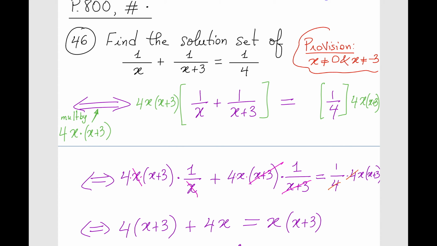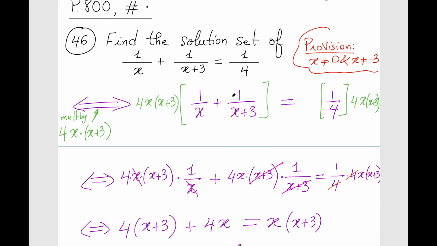This is the provision of the question, because if either of these fails, then one of these quotients does not make sense, because one of the denominators would be 0. And as such, this equation is not meaningful anymore, and hence the question altogether doesn't make sense, right? So this question is meaningful as long as x is not 0 and x is not negative 3, right? Because negative 3 makes this denominator 0.